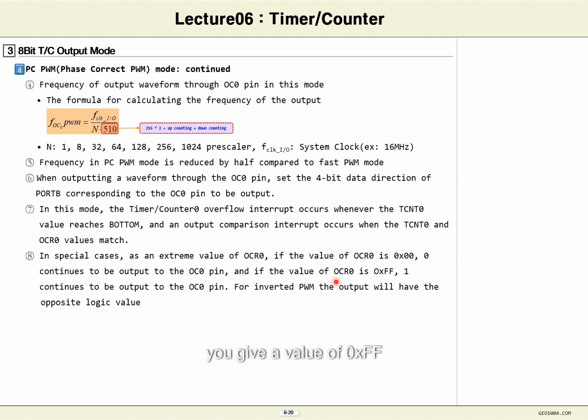If you give a value of 0xFF to OCR0, a value of 1 can be continuously output to the OC0 pin. If output is performed in inverted PWM mode, the opposite logic value described above will be output. This concludes the explanation of phase correct PWM.